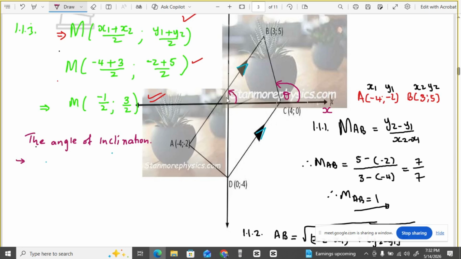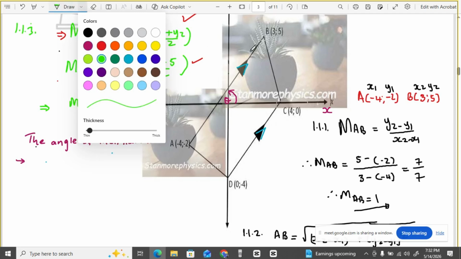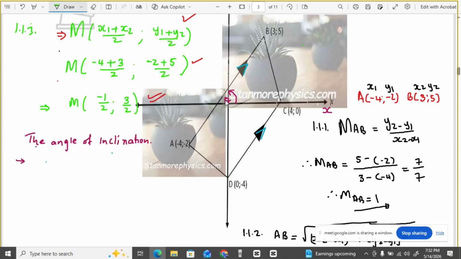Let's call this theta. So that's an angle of inclination. It will be between a line and the x-axis. You understand? You see this line here and the x-axis. So the angle between the x-axis and a certain line, we call it the angle of inclination.